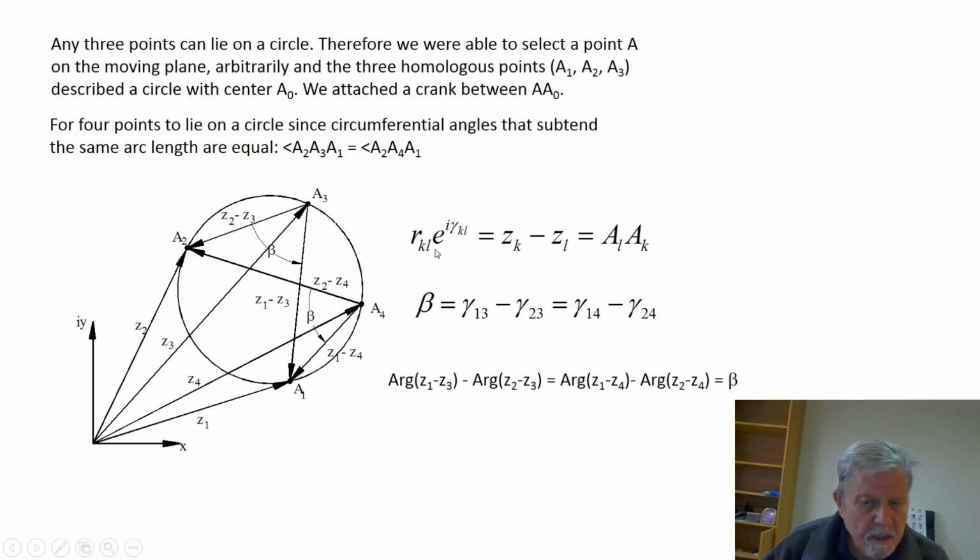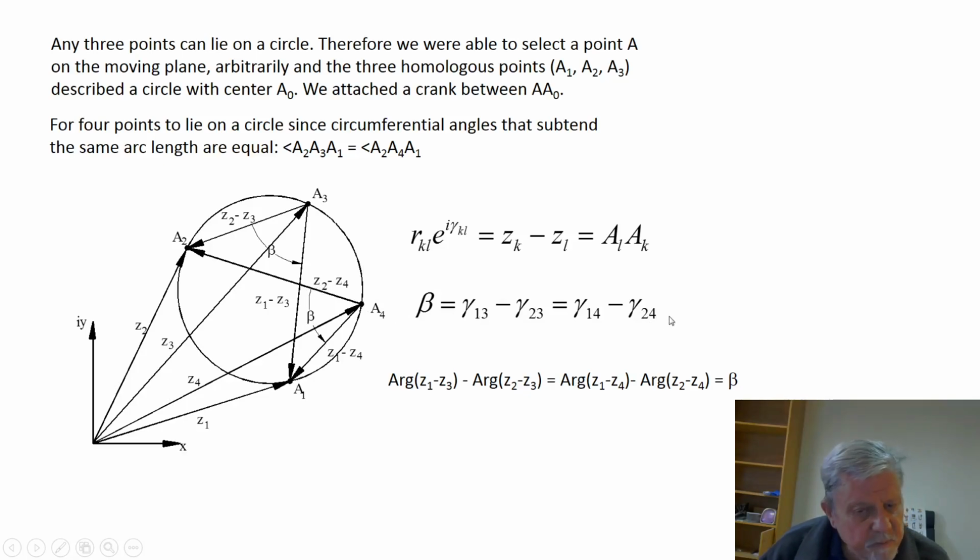So beta is equal to gamma 1,3, minus gamma 2,3. Similarly, the angle made by Z1 minus Z4, gamma 1,4, minus the angle made by Z2 minus Z4, gamma 2,4, will give you beta.